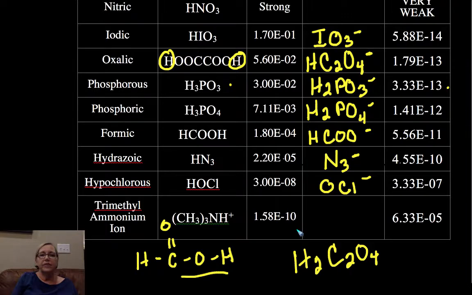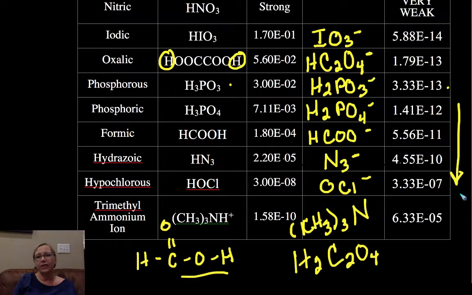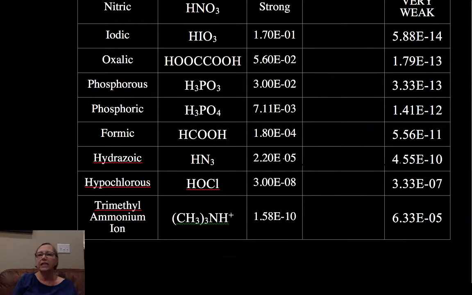Hopefully if you've seen my other videos, you've seen this one, and that would be the conjugate. So you notice that as the acid strength increases, its conjugate base strength decreases. So that's what you want to focus on when you're looking at these.